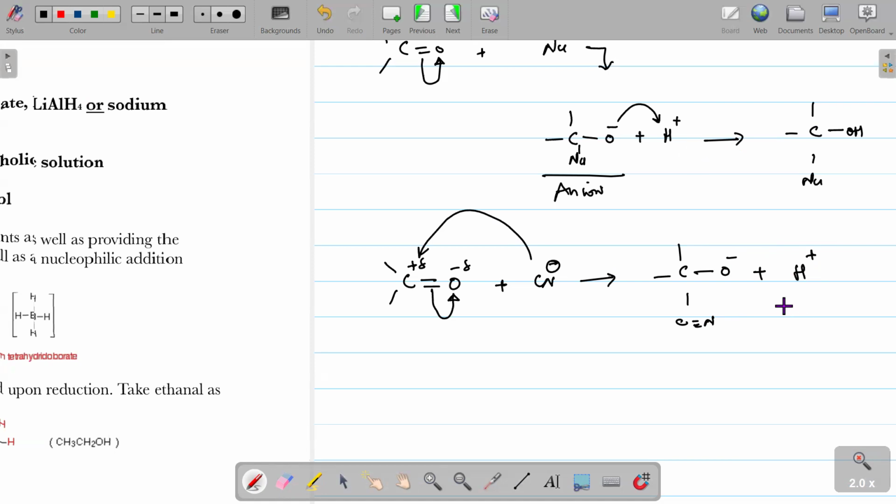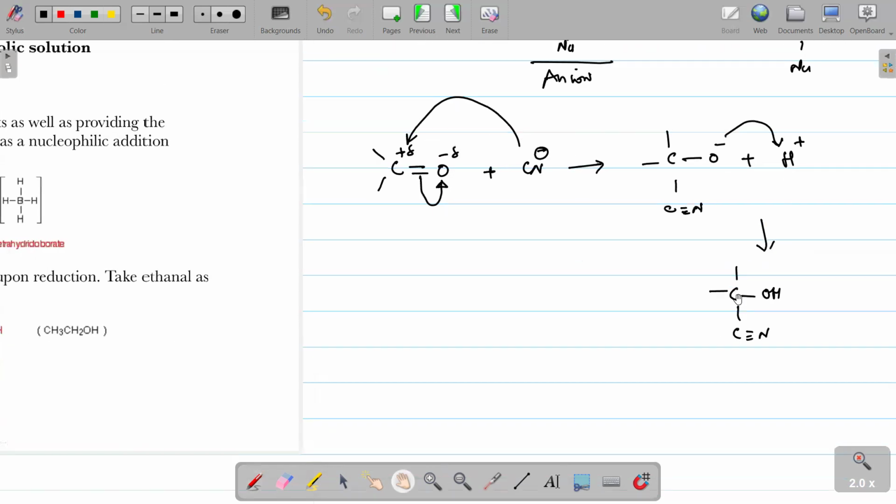or can be accepted from the hydrogen of another HCN molecule. So that will give us a product which has an OH group and C triple bond N, right? So here we have the OH group on the second carbon, and we have seen that one carbon atom is also increased in our product.